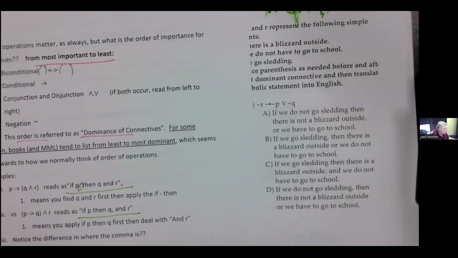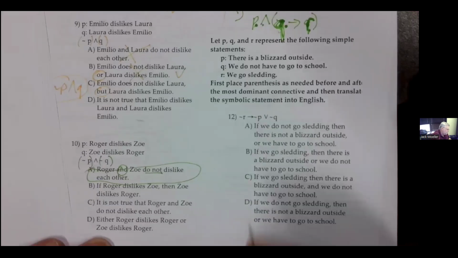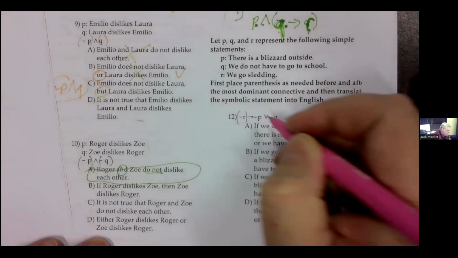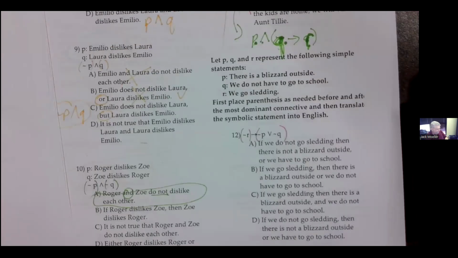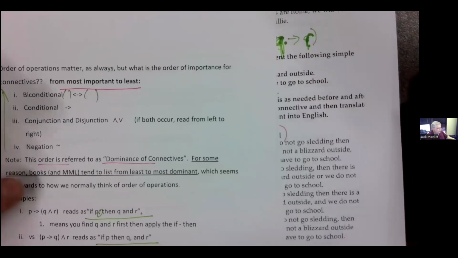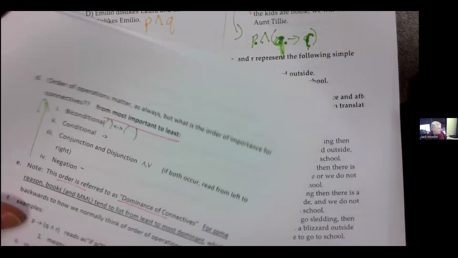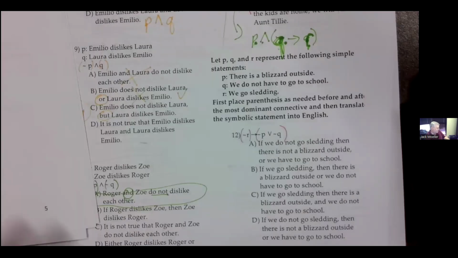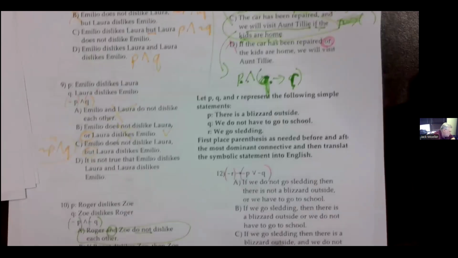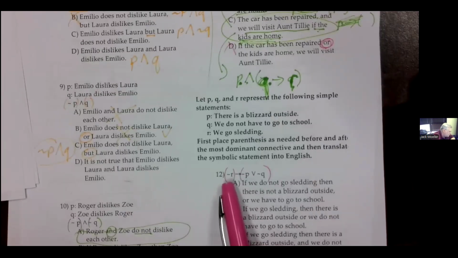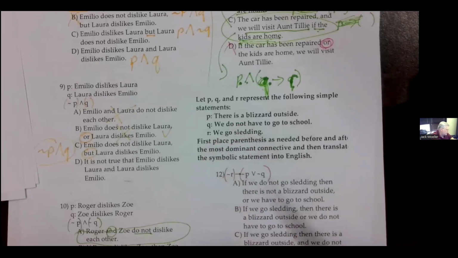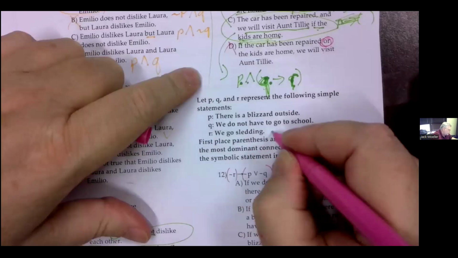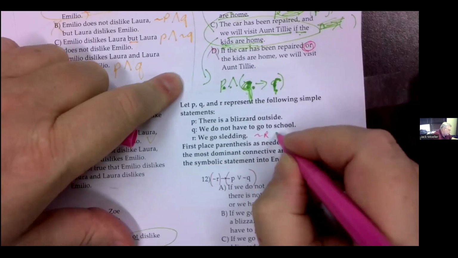And so what that means is everything before the arrow is in parentheses, everything after the arrow is in parentheses. That is how we use the dominance of the order of operations. So if not R, what is R? R is we go sledding, so not R is we don't go sledding.